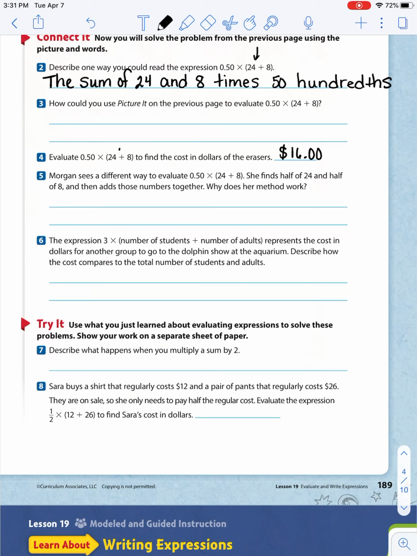Okay. Number 5. Morgan sees a different way to evaluate 50 cents times 24 plus 8. She finds half of 24 and half of 8 and then adds those numbers together. Why does her method work? First key to answering this problem is note, her method does actually work.